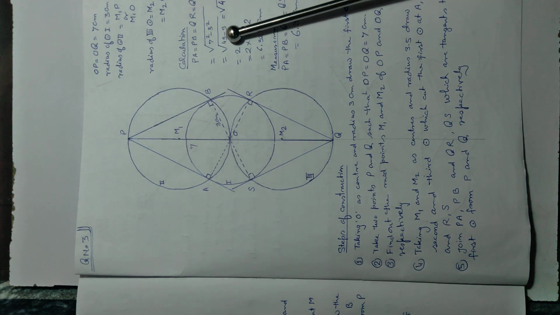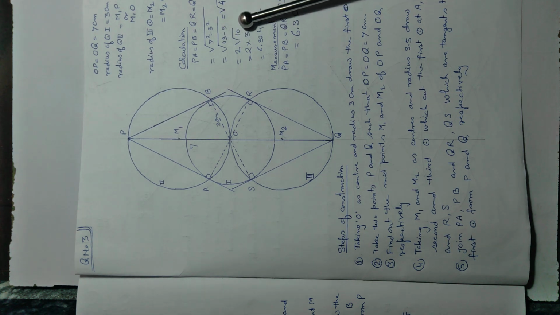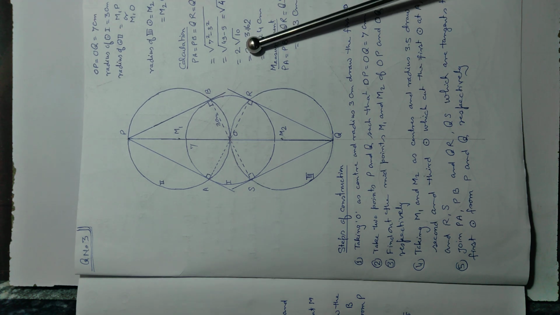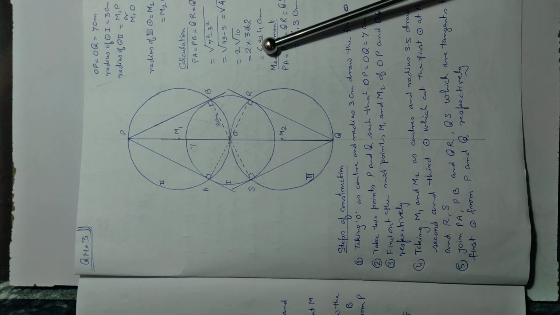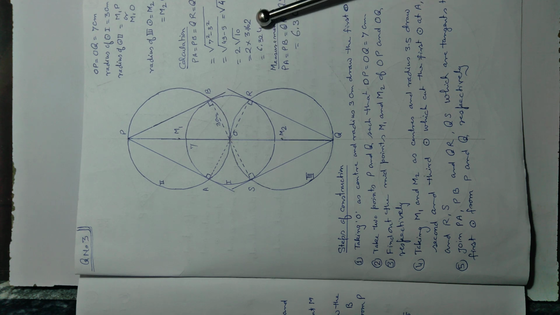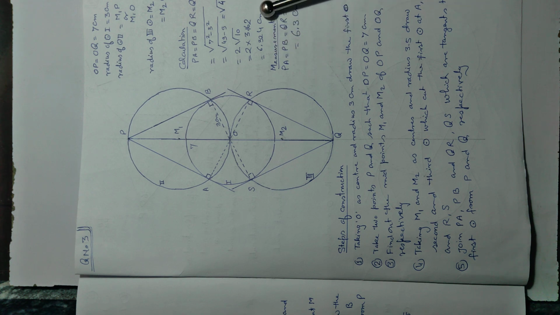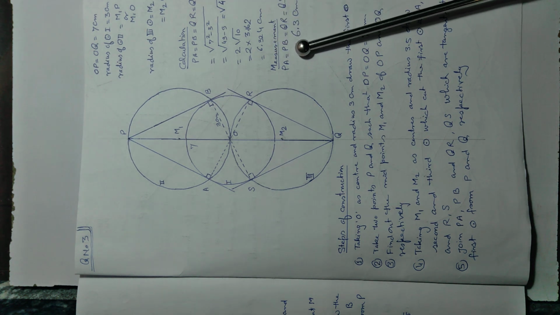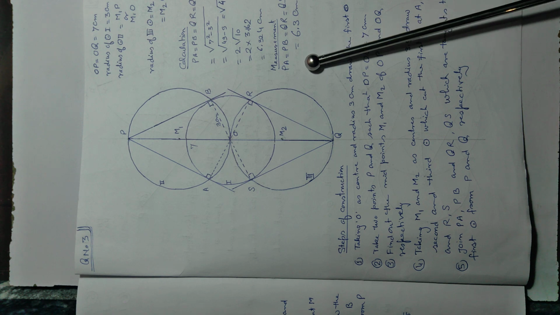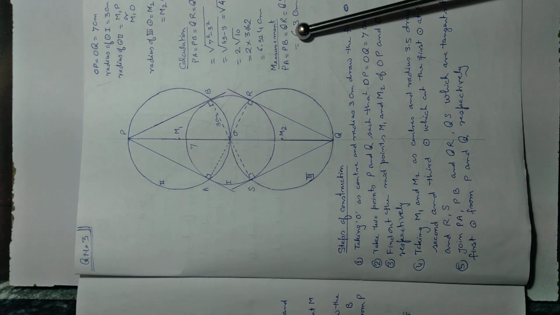So 7 square minus 3 square, that is 49 minus 9, that is equal to root 40. Again it will be 2 root 10. That will be equal to 2 into 3.162, and it will be equal to 6.324. On actual measurement, geometrically, PA is equal to PB is equal to QR is equal to QS, and it is equal to 6.3 centimeter.